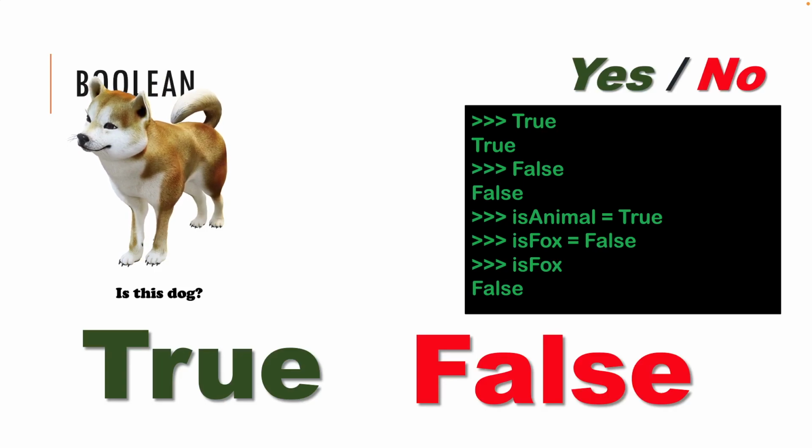I hope you understand. For any type of data that has only two values, that can be a yes no question or something else, but has only two outcomes, either true false or yes no, for such things we use the Boolean data type.